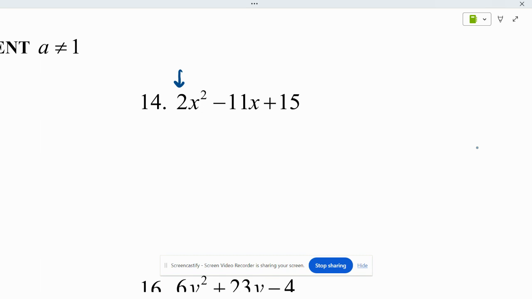Does A equal 1? No. So what method do you want to use? Do you want to use the box? You want to use slide and divide? Okay. So I'm going to write that off to the side. Slide and divide. Carla, do you feel like you're a pro on that? You can walk us through it? Go for it, girl.